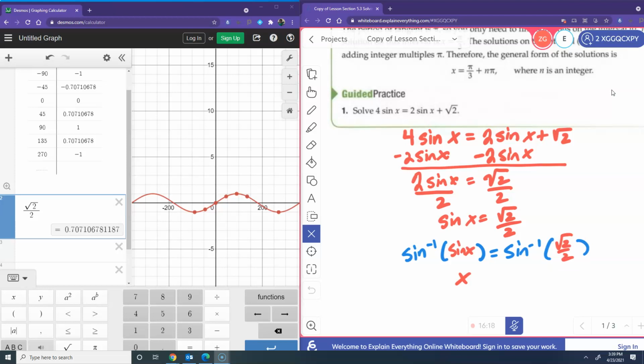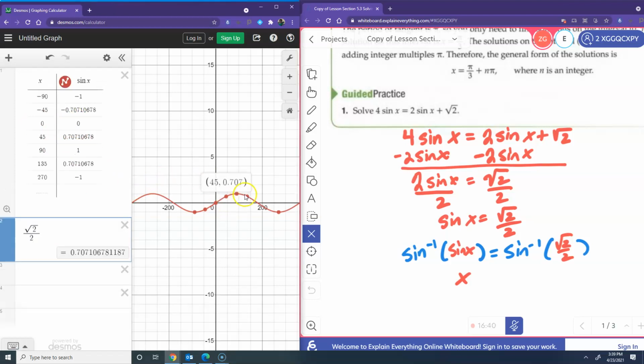So we want to know what angle will give us a ratio of square root of 2 over 2. And I have here the square root of 2 over 2 is 0.707106. So we notice just by looking at this table and also at the graph that it's going to occur in 2 places. It's going to occur at 45 degrees.